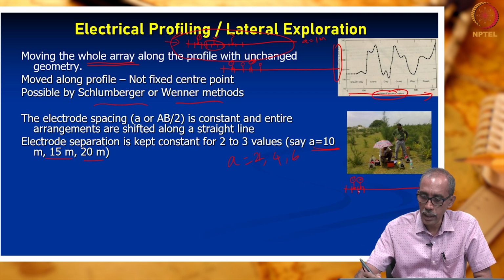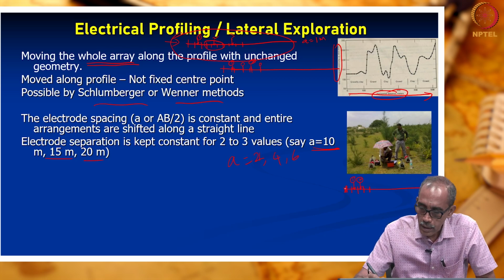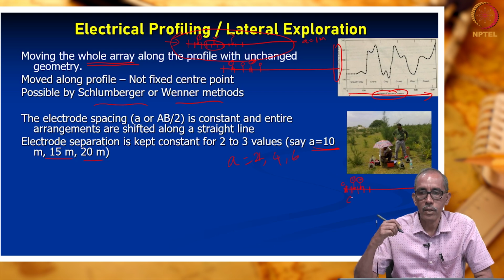For investigating station 2, we need to remove this electrode, plant it here, and reconnect the cables. This was previously a current electrode. The previously potential electrode has now become a current electrode.